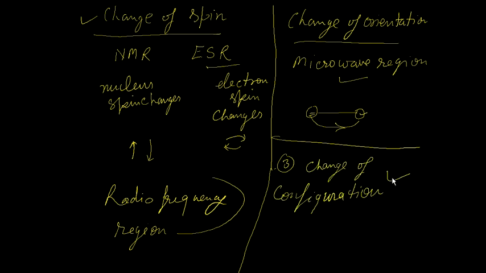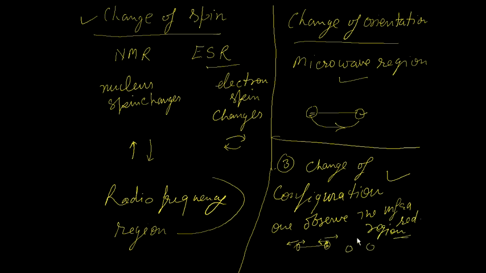When a change takes place in the configuration, at that time one observes the infrared region, like this one. So in the infrared region, basically the atoms change their configuration.